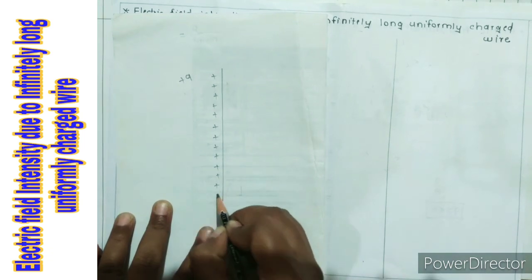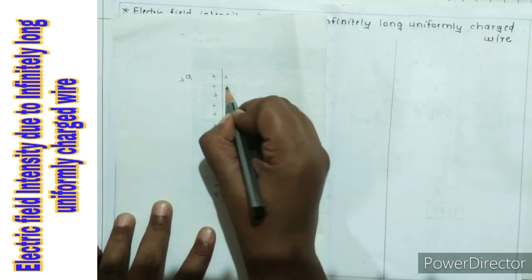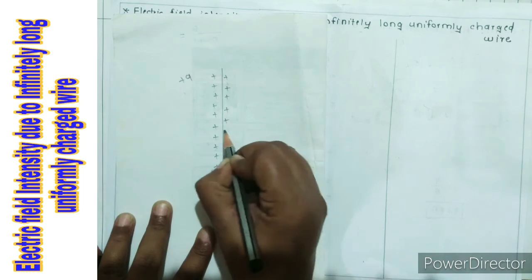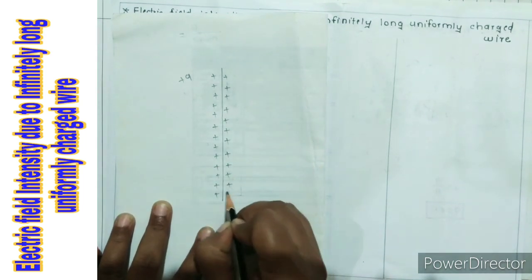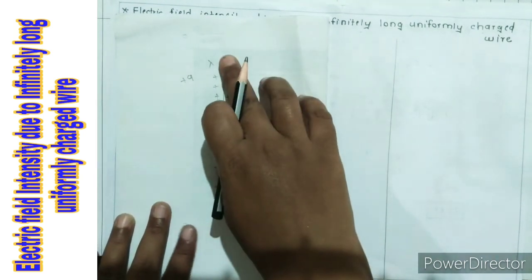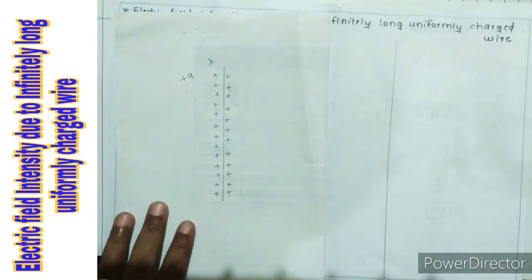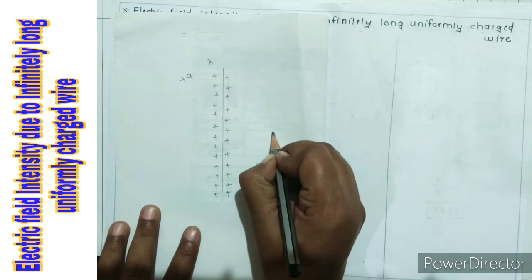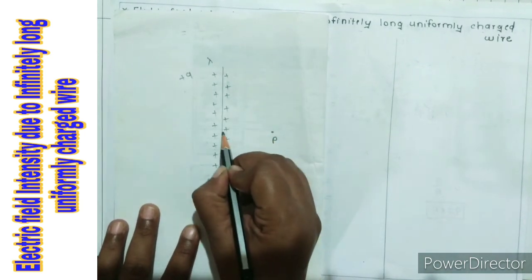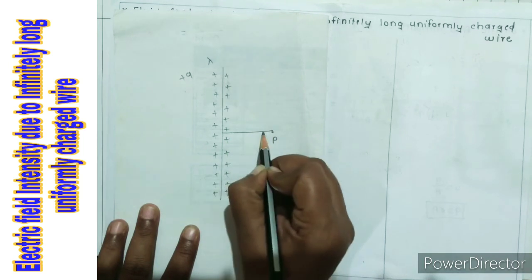As we have seen, the charge is distributed along the wire. The linear charge density lambda is here, and linear charge density is charge per unit length. Now we have to find the electric field intensity at point P, which is at a distance r from the wire.